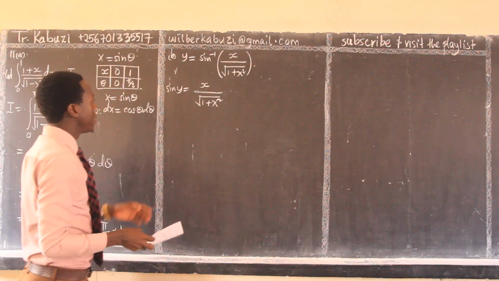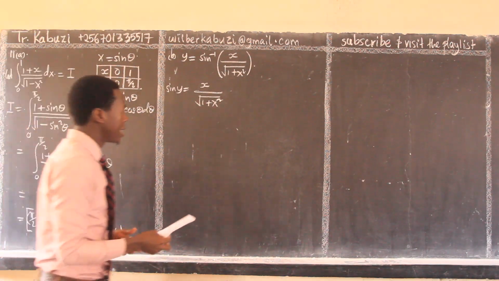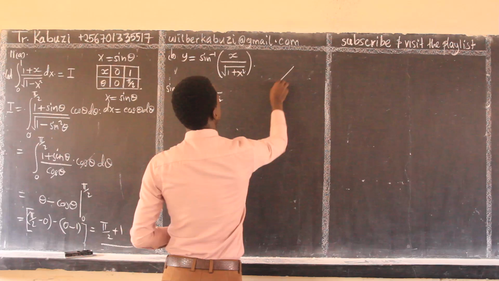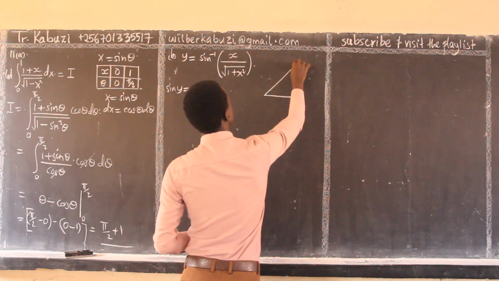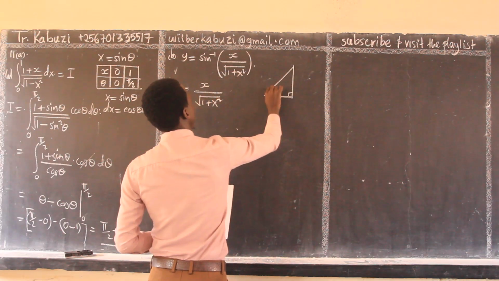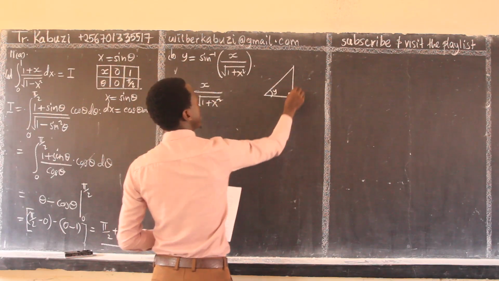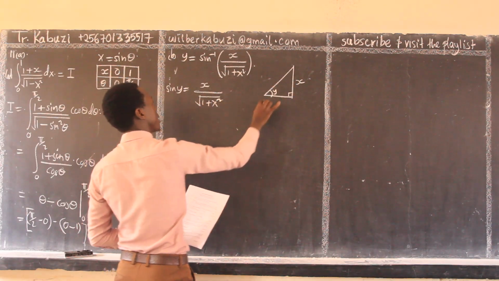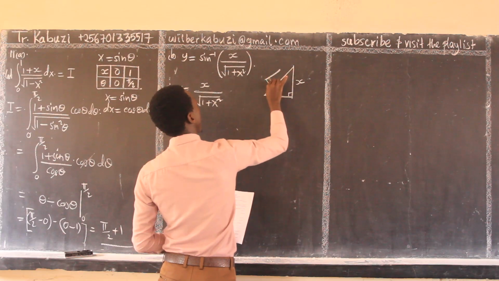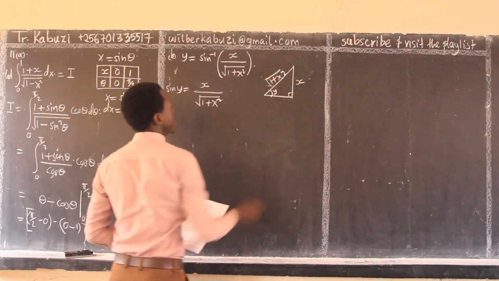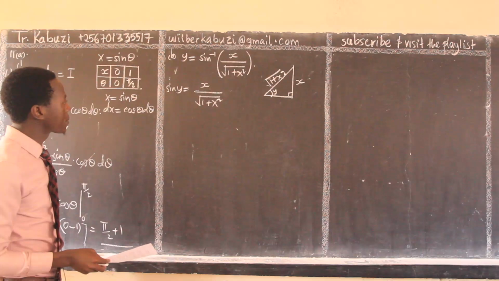And from here immediately we draw a right angled triangle to get the other missing side. So if this is my y, the opposite is x, the hypotenuse is the square root of 1 plus x squared, so my missing side is the adjacent.